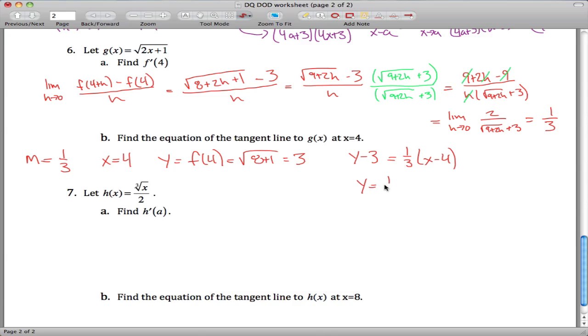So y equals 1/3 x. Let's see, that's minus 4/3 plus 9/3 is plus 5/3. Did I do that right? I think so. So this right here is the equation of our tangent line at this point.